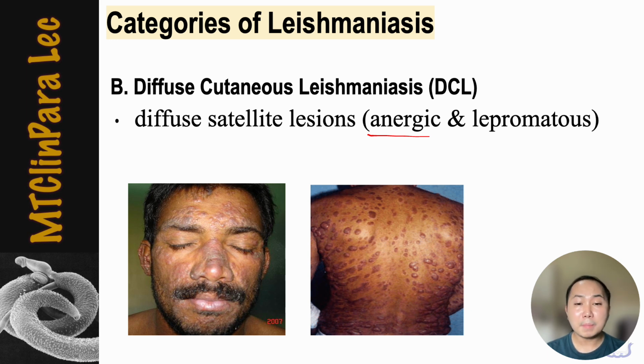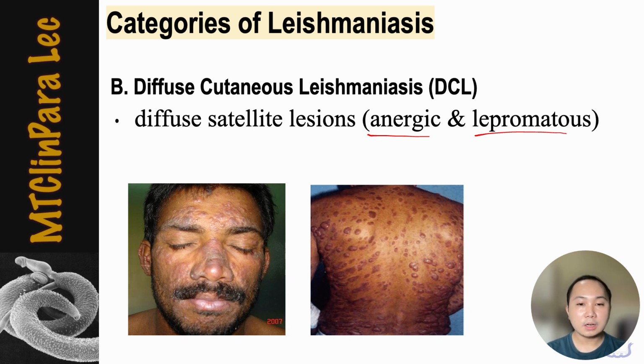Usually, this may be misdiagnosed as lepromatous leprosy, or the bacterial leprosy that is caused by Mycobacterium leprae. The only way we can differentiate it from other bacterial diseases is through diagnostic procedures such as immunology and serological tests.